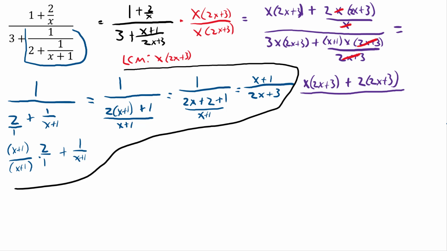All this is over 3x times 2x plus 3 plus, and then we have x plus 1 times x. Alright, so now we just need to simplify this a little bit further.